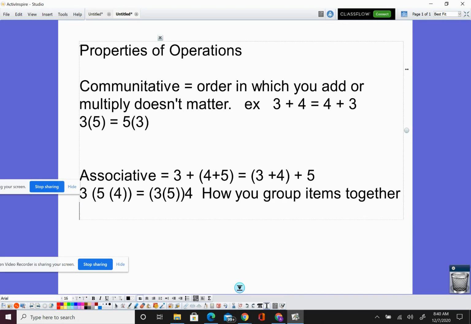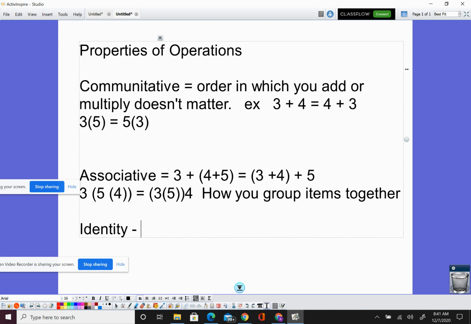And then there's some special identities. What's the word identity refer to when you think about the word identity? When you add something by 0, it'll still stay the same.